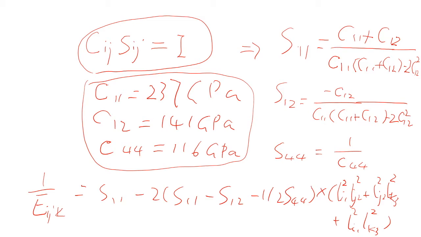In the 111 direction, they all equal 1 divided by the square root of 3, so we can directly plug in this value. That's right. So we can plug all the values into the equation, and we get the elastic modulus on 111 is around 284 gigapascals.